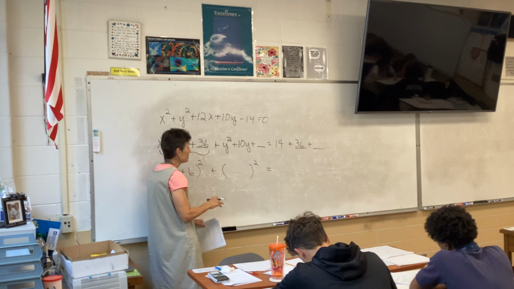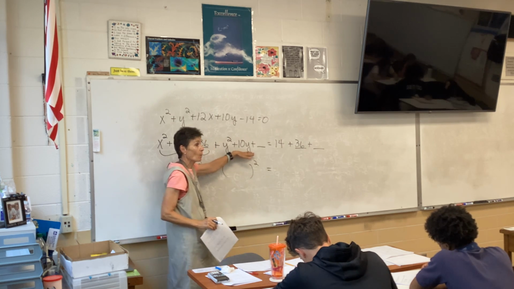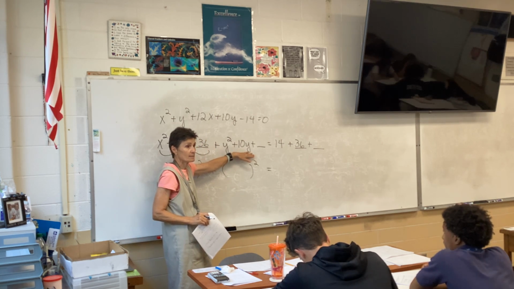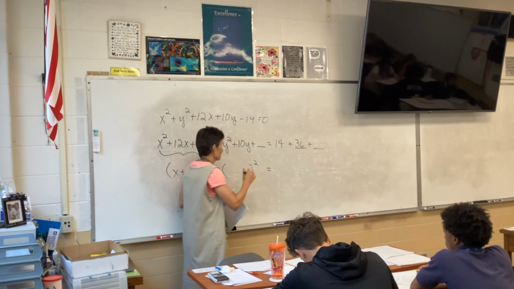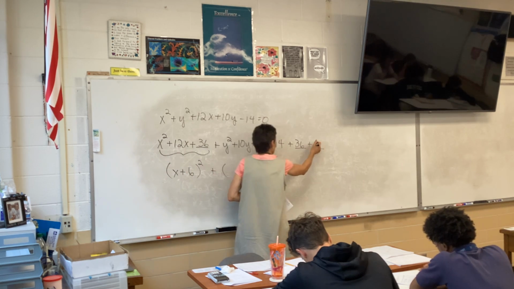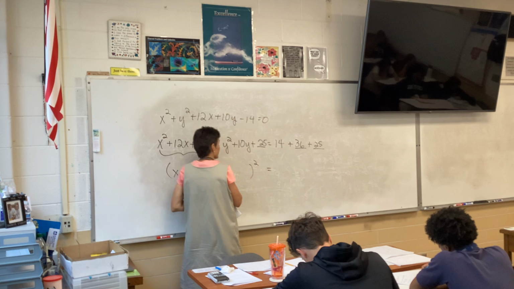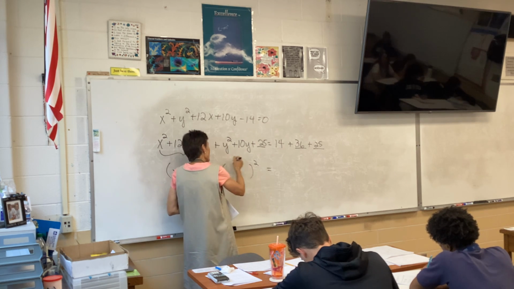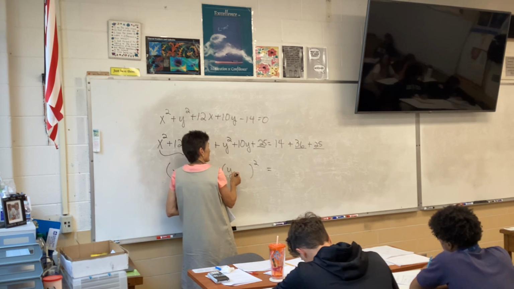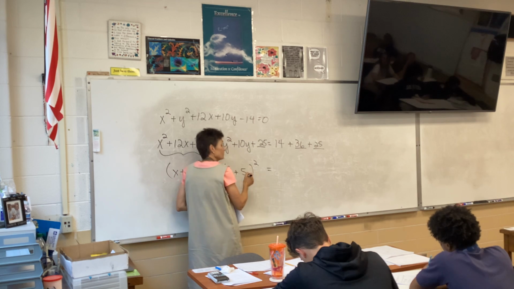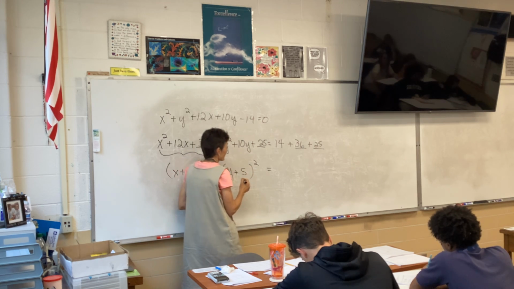Now do exactly the same thing with the y's. So half of 10 is 5, squared is 25, so that's going on both sides. And what's my y parentheses? Y plus 5, squared.